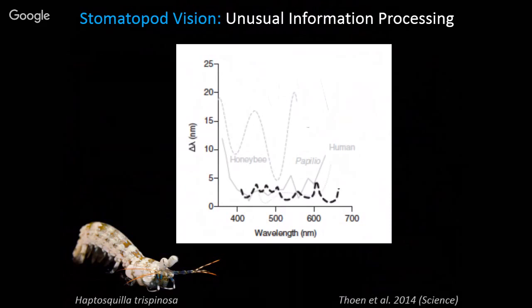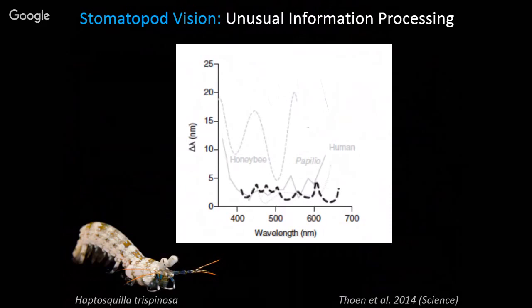And by spectral discrimination, I mean, how far apart do two colors have to be before the animal can perceive them as different colors? So if you look at this graph, let me walk you through it. So we have here different wavelengths from short, so ultraviolet down here, red on the 700 nanometer range. On the y-axis, we have difference in lambda max. So what is the difference in wavelengths?